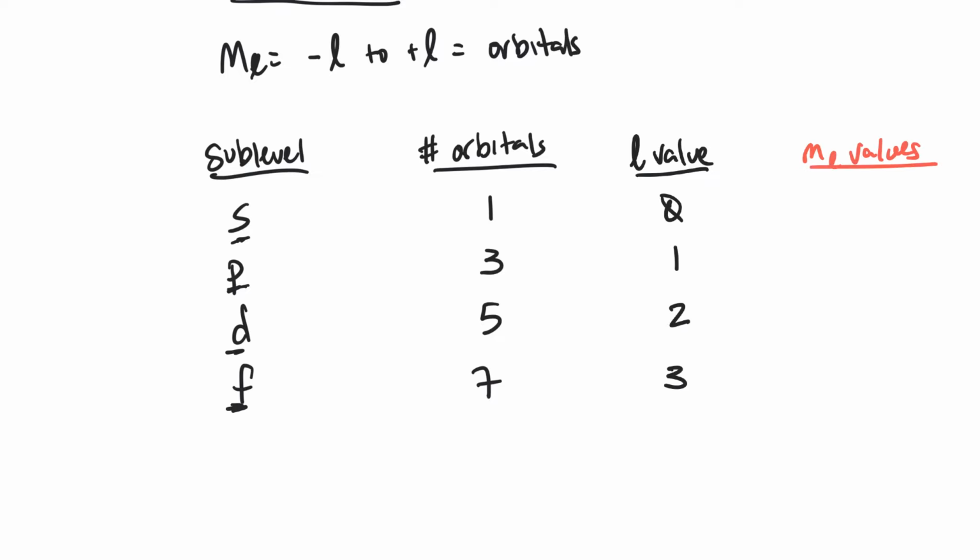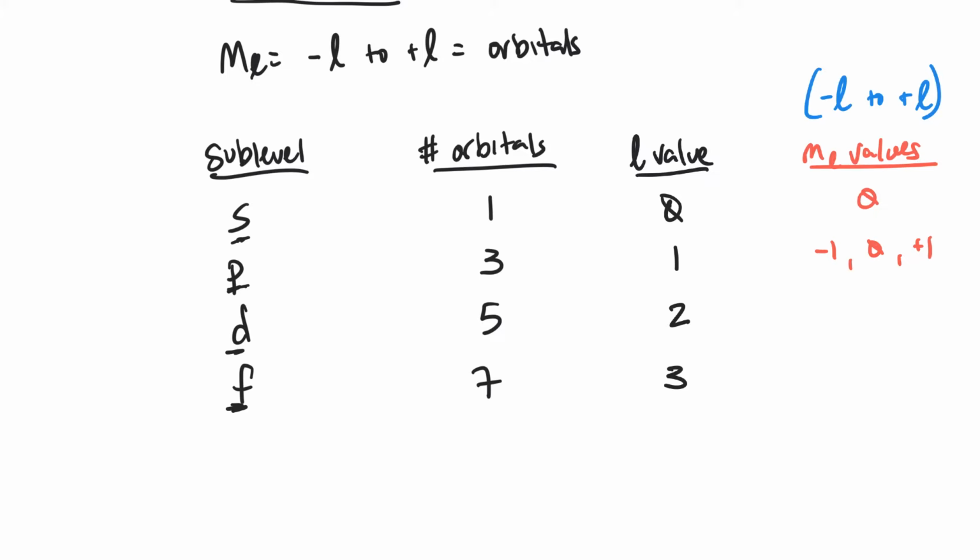So when L is 0, remember M sub L values are always from -L to +L. So the M sub L value for 0 is 0, okay? The M sub L values for 1 are from -1 to +1, so you have -1, 0, +1.